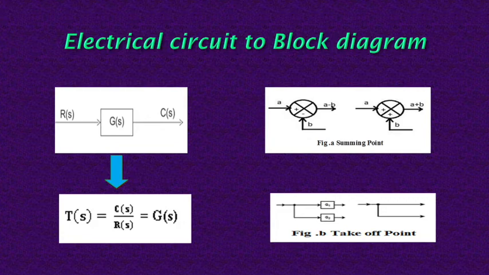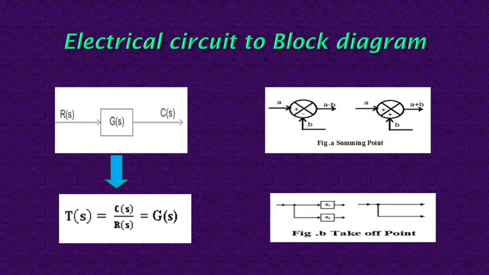Any system can be described by a set of differential equations, or can be represented by a schematic diagram containing all components and their connections. A block may represent a single component or a group of components, but each block is completely characterized by a transfer function.